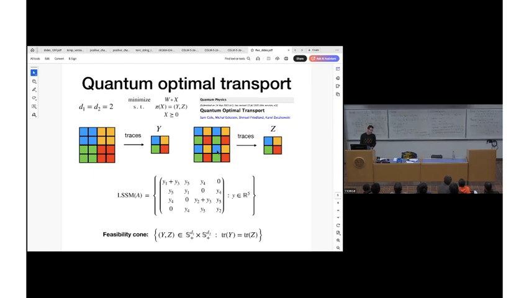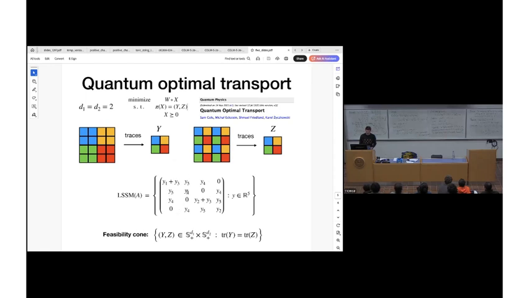How do you compute the partial traces? You can compute the traces of these 4 blocks, which should give you a prescribed matrix y, or you could compute the traces of these 4 blocks. So you partition the matrix into 2 by 2 matrices in these 2 ways. Very concretely, in this example, the matrices A defining this projection give you this LSSM.